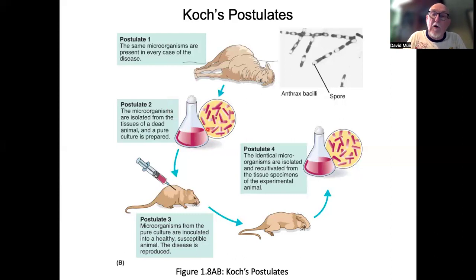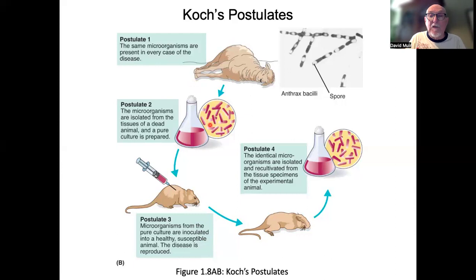He then took that pure culture and he injected it not into sheep, but into an experimental animal. He actually used white mice. And he injected into the mice, and he demonstrated that the mice died. And they died with very distinct symptoms. And those symptoms were the same symptoms that sheep die of when they have anthrax. He's not finished yet.